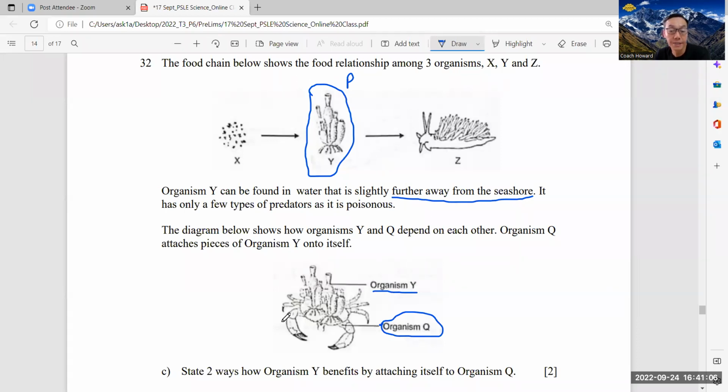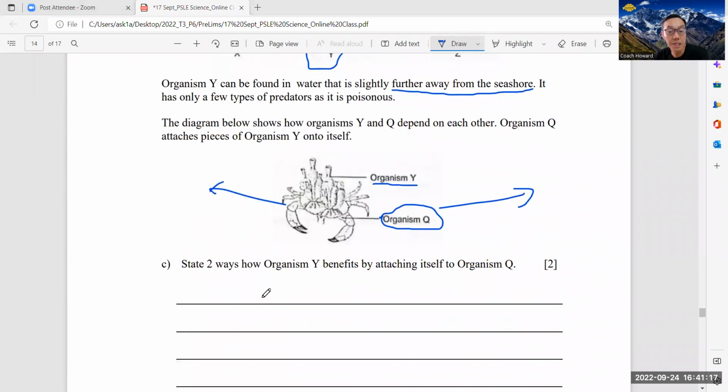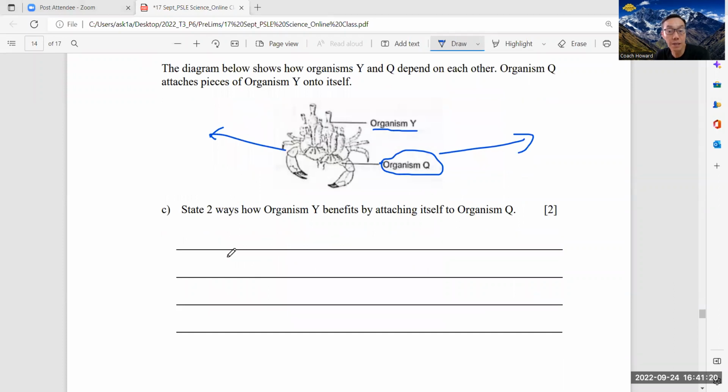If it is attached, it enjoys a free ride as the crab moves about. So this is one of the advantages. Organism Y can travel to more places via organism Q to find more food.